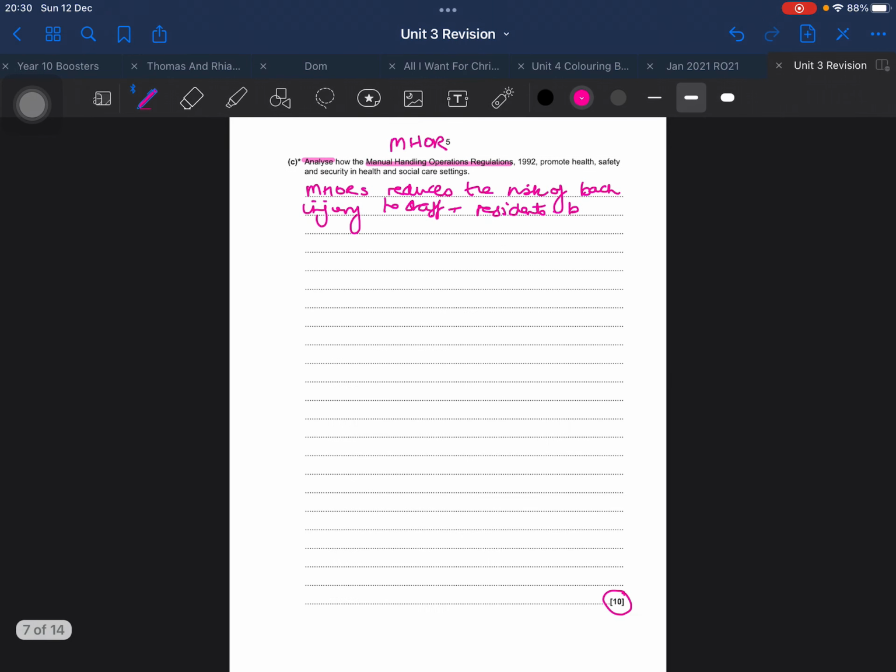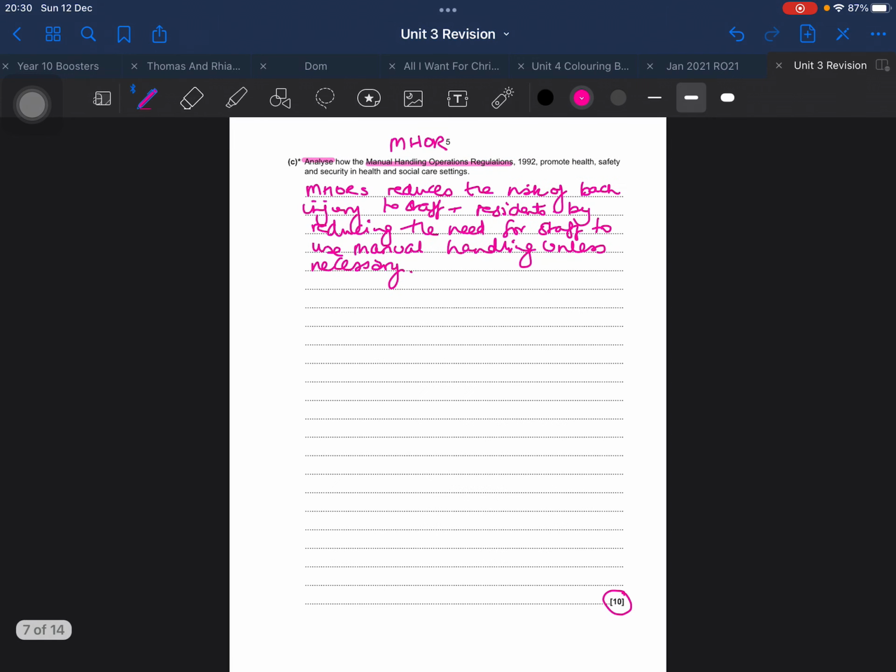Okay, it does this by reducing the need for staff to use manual handling unless it's really necessary. So using things like a hoist instead, assessing whether you need more than one person to be involved in using that hoist, that's going to be there.